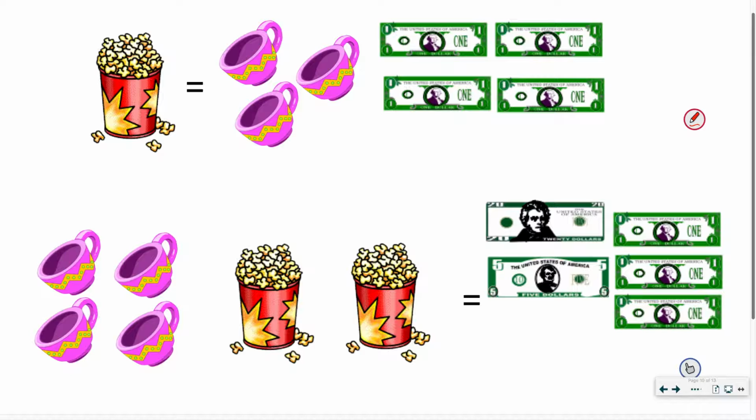When I'm looking at this problem, why can't I just say popcorn was this much money, game over, I'm done? Because it's objects, so I need the numbers.